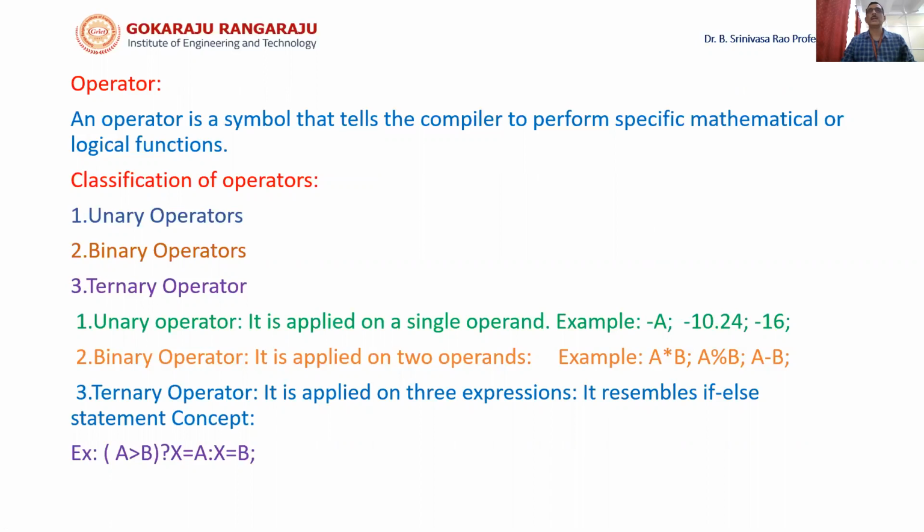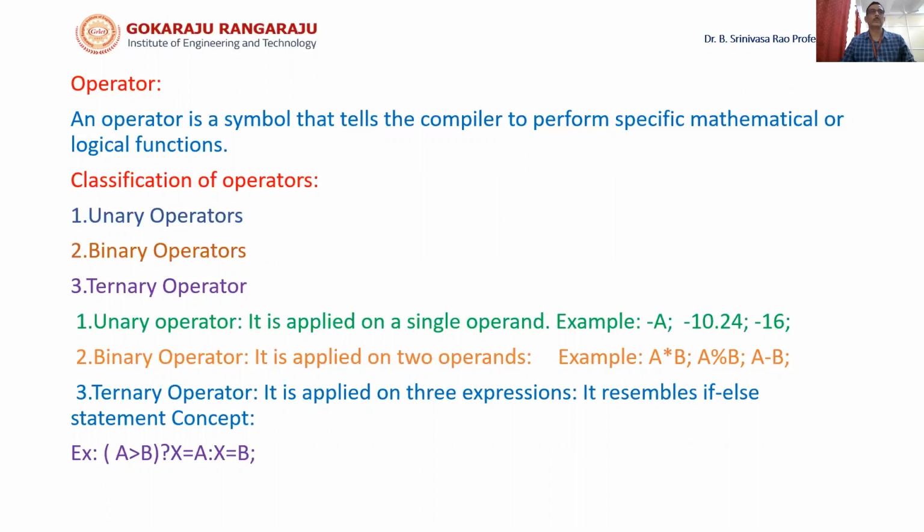Next one is ternary operator. If there are more than two expressions and an operator is to be applied on that, then it is said to be ternary operator. Sometimes it is also called conditional operator. Here, look into an example for ternary operator.